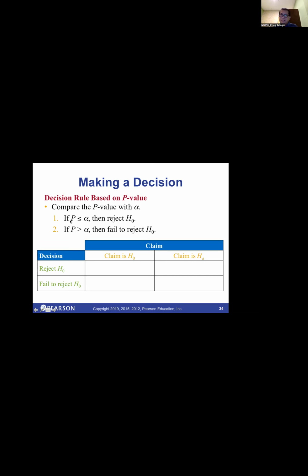The p-value is generated automatically by the computer software. It can be Megastat, which you have downloaded. And later, we'll talk about SPSS. When I say SPSS, that means Statistical Package for the Social Sciences. So if the p-value is greater than alpha, then fail to reject HO. Alpha means the maximum probability of committing type 1 error.